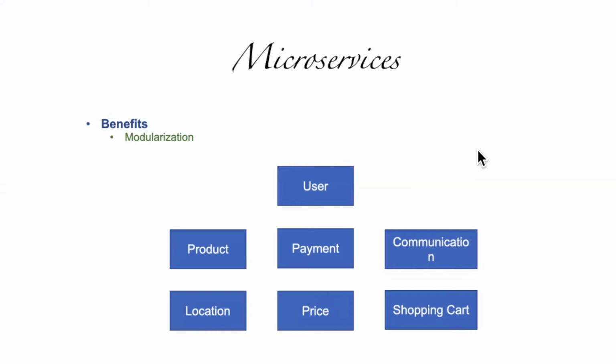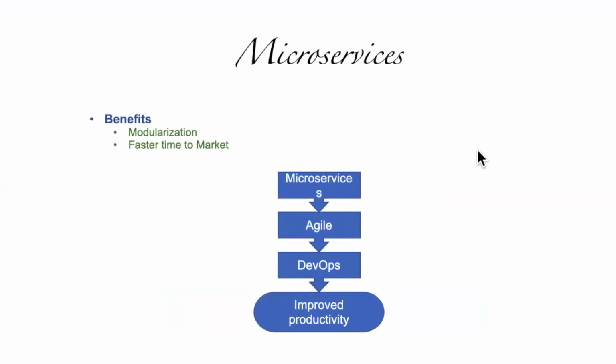That means we will be more agile. And since the impact is low, the development team can concentrate more on individual functionality rather than all the regression and other stuff.